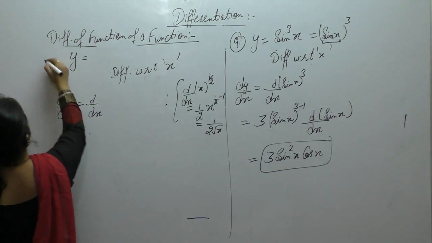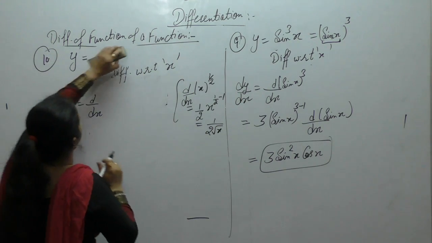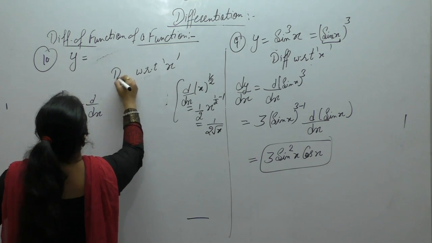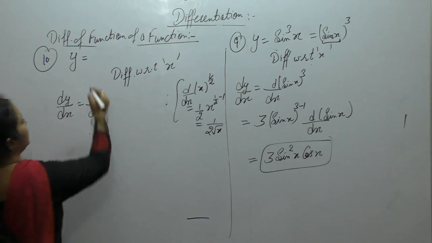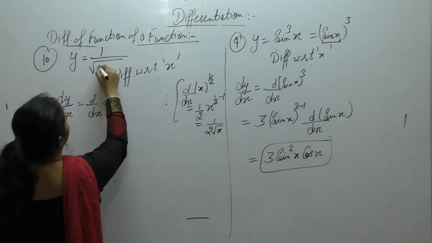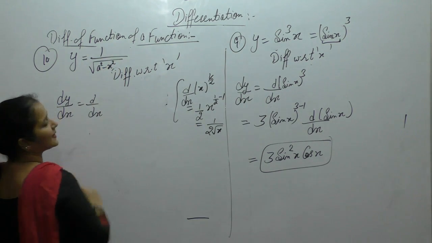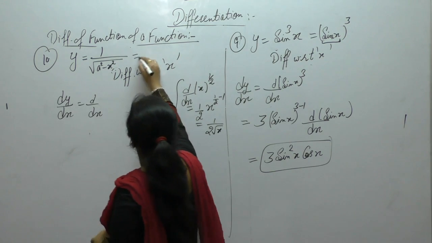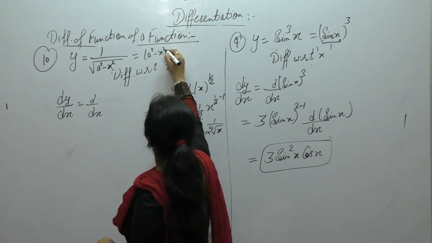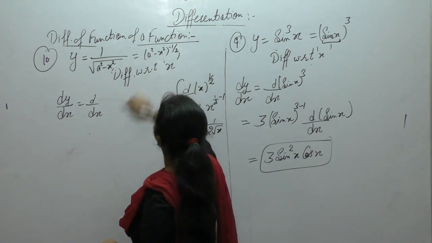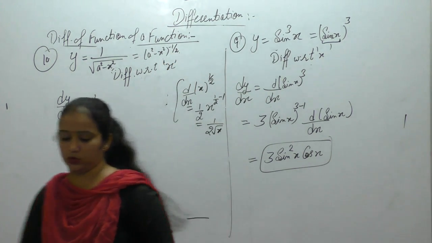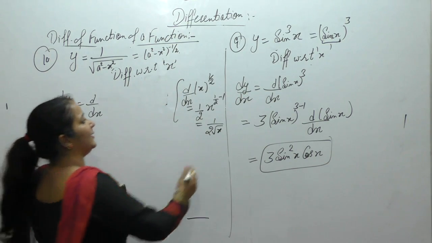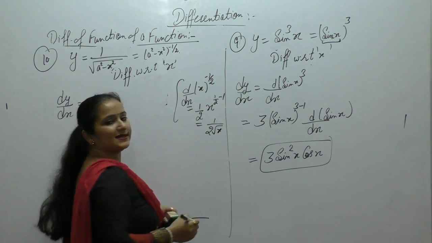Now the next one is y is equal to 1 upon square root of a square minus x square. We can write it as a square minus x square with power negative 1 by 2, because when the term goes up, the sign will change. Here the power was 1 by 2, now minus 1 by 2.